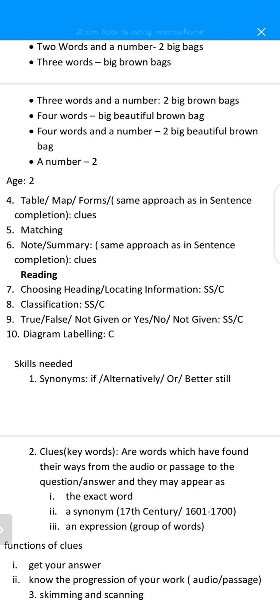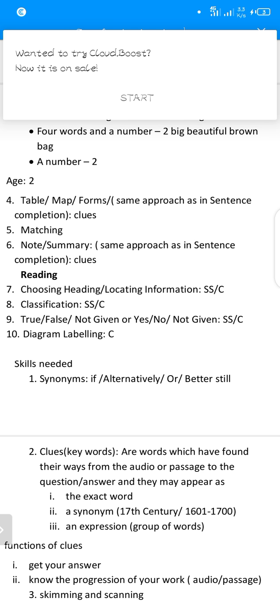So number six, notes or summary. They bring out a whole paragraph, and they omit some words. So they omit some words and they label them number 16. The next one, they write some words, then they put another blank, put it 17.